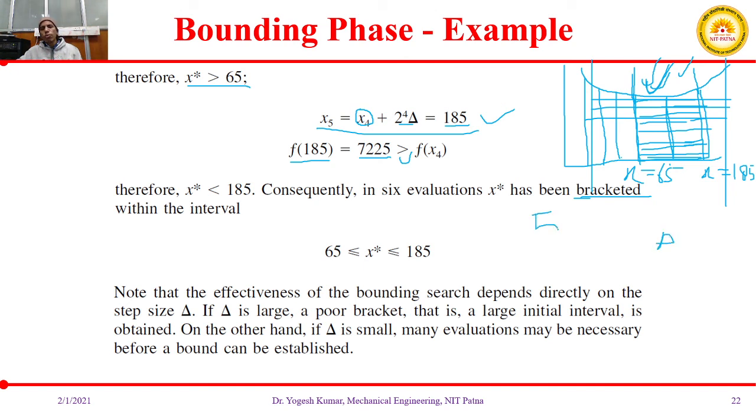Suppose previously it was 5, now you can keep it smaller, and you may get a more accurate or appropriate region within the given solution. Suppose that time you may get x equal to 85 to 90. This way you can reduce the span of your bracketed region or your bounding phase.